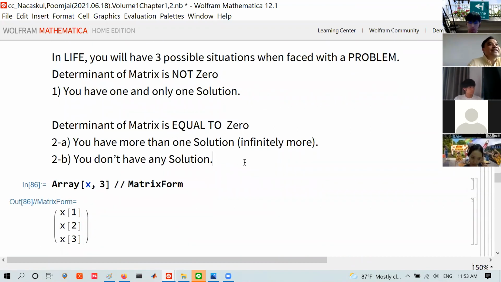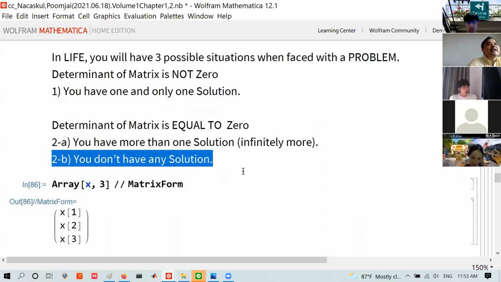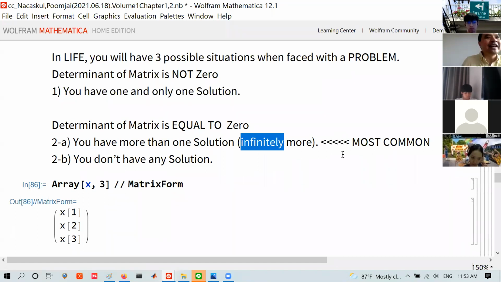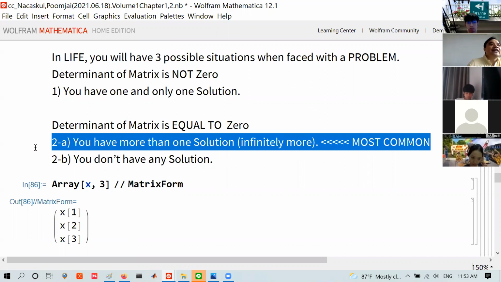In life, instead of the first being the most common, the second being the second most common, and the third being the least common, this one is the most common. Now, infinite may sound like, oh, this is impossible. You never have infinite, but you definitely have more than one solution. In life, not only is there always a way out, there's usually more than one way out.